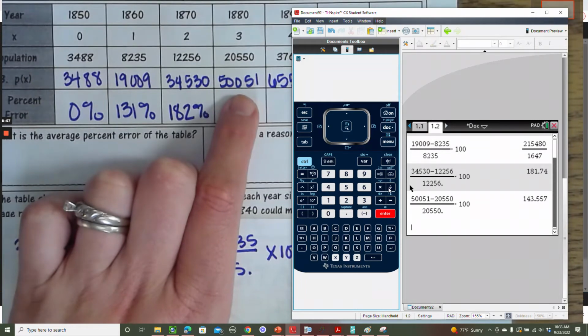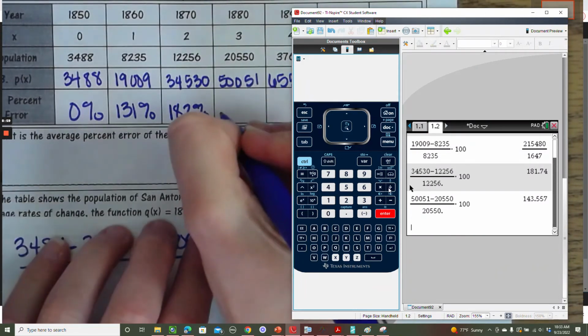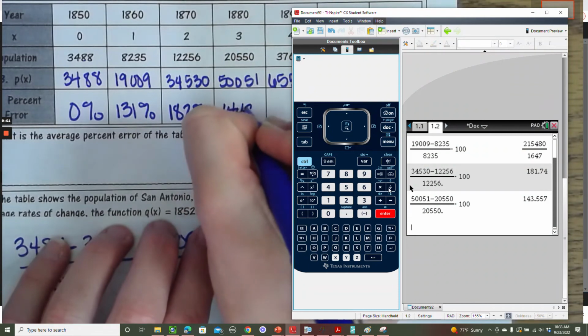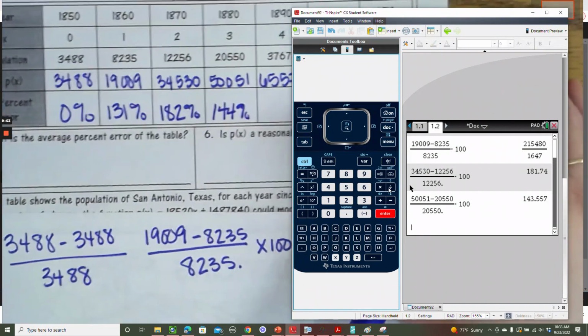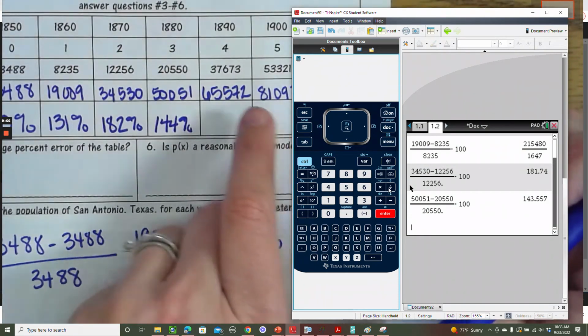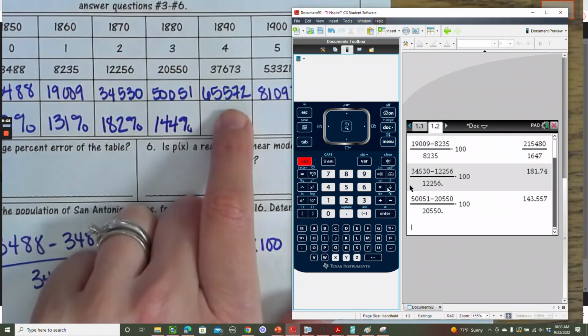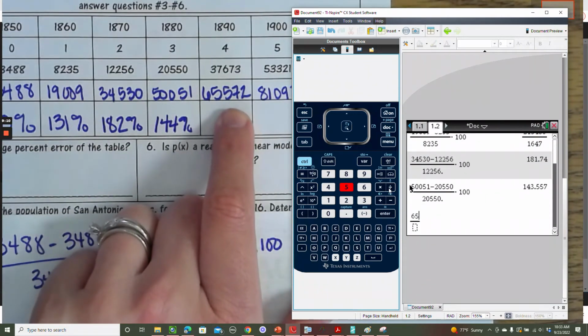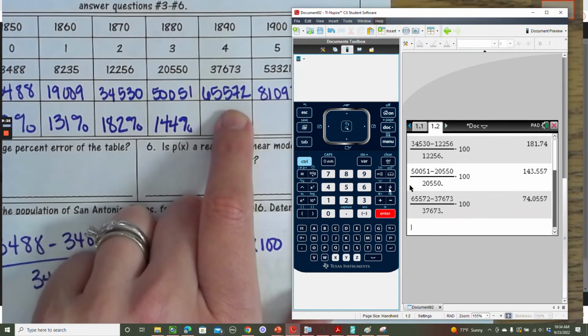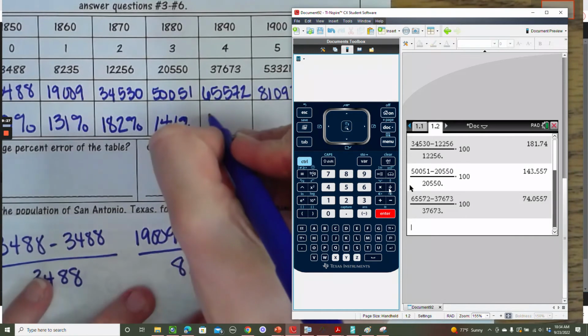All right, so the next one. 144%. Decade 4. 74%.